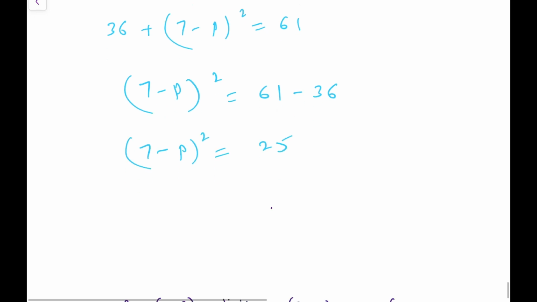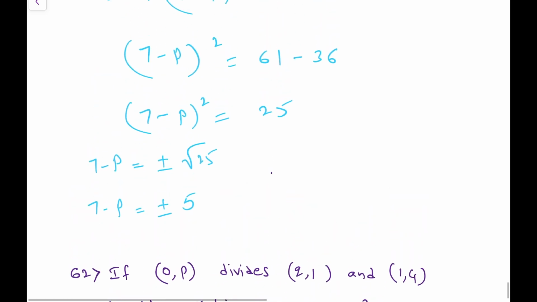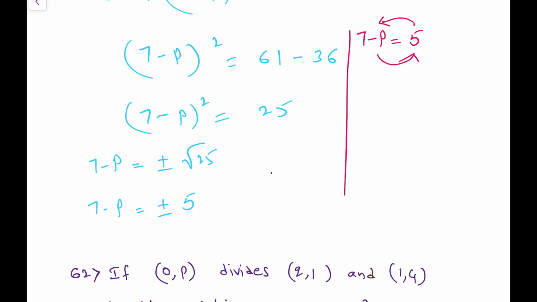Then what will be 7 minus p? 7 minus p will be plus or minus root 25, and the value of root 25 is 5. Once let us take plus 5 and once let us take minus 5. So 7 minus p is equals to plus 5. I am taking this first. Bring 5 this side, minus p that side. Plus 5 will become minus 5, is equals to minus p will become plus p. Then p value will be 2.